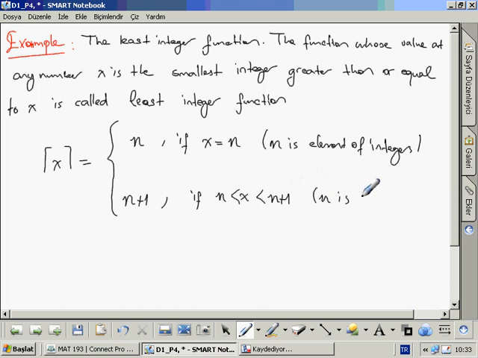Of course, n is an element of the integers.